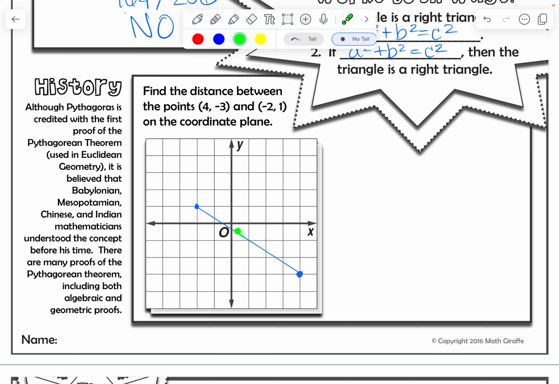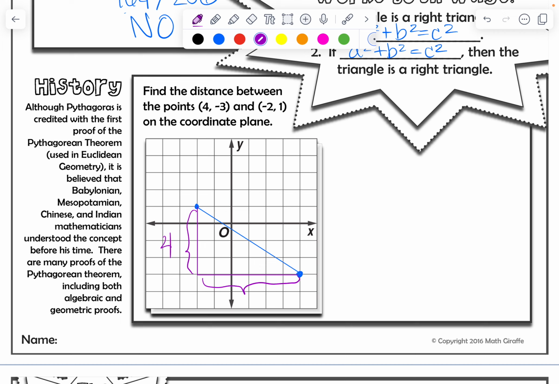So this distance here would be 4, and then my bottom leg here is 6, and so I can say, okay, well, a squared plus b squared has to equal c squared. My legs are 4 and 6, so 4 squared is 16, 6 squared is 36.